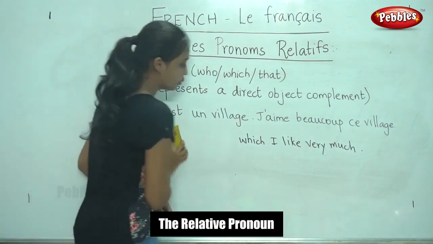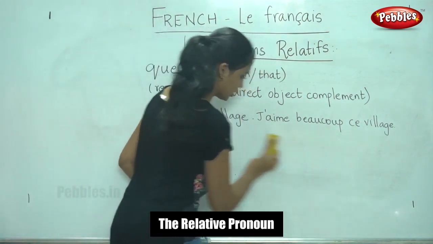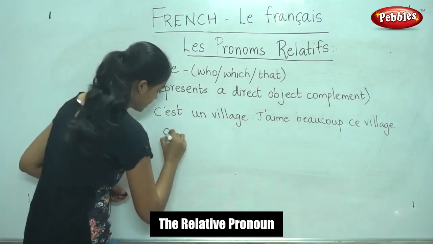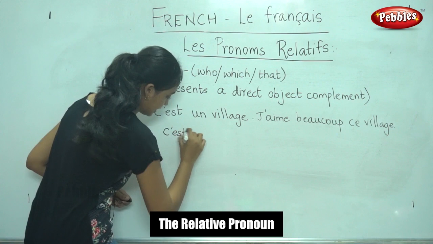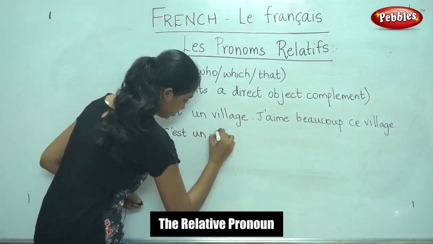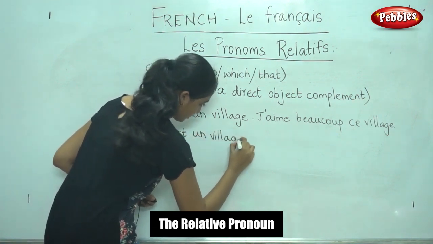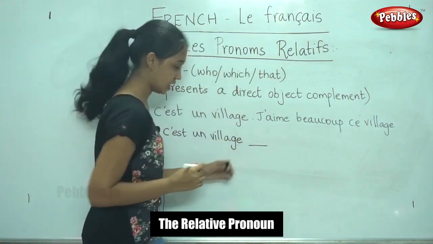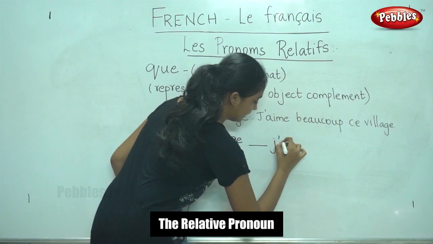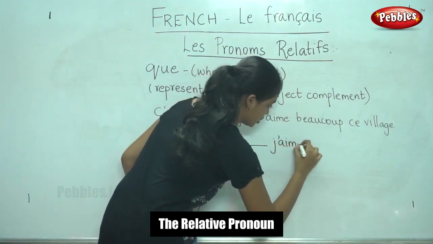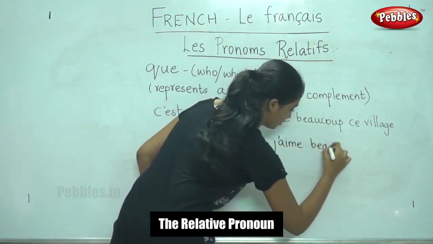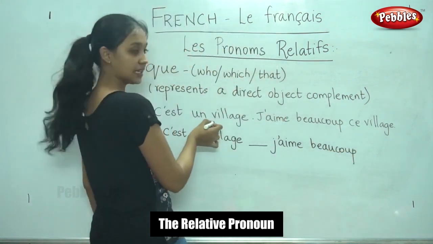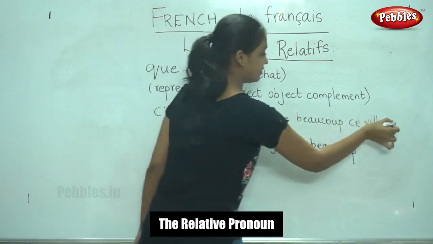So now when we write it in French, the first sentence always remains the same. C'est un village, which, okay, so we write which here. I like very much. J'aime beaucoup. So the word that is repeated here is village.